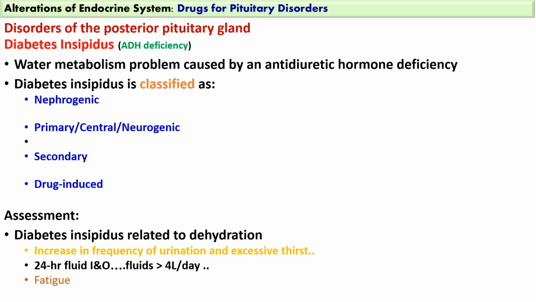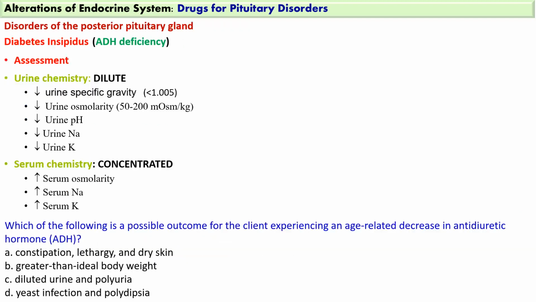So the patient will experience fatigue, nocturia, and they will lose lots of fluids in the urine, up to 4 liters of urine daily. In terms of diagnostic testing, like the water deprivation test or hypertonic saline test, all of these tests will be covered in adult health 3.